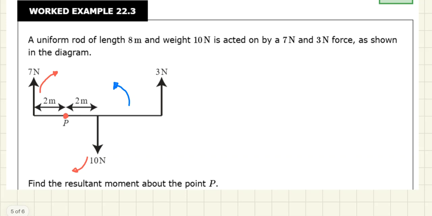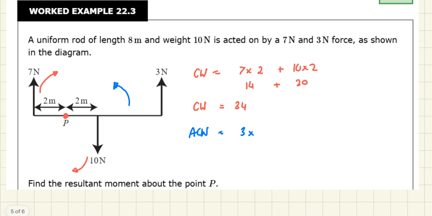If we do all the clockwise ones first, that is 7 times 2 plus 10 times 2, just to keep it consistent. 14 and 20 is 34. So my clockwise moments are 34. My anti-clockwise is just 6 times 3.